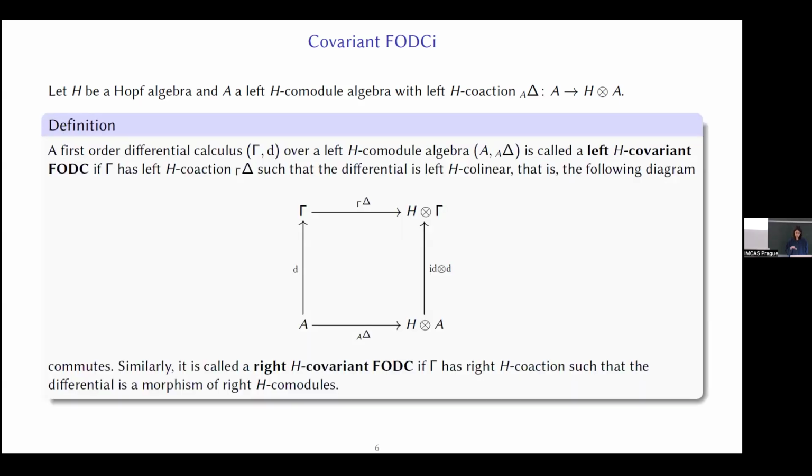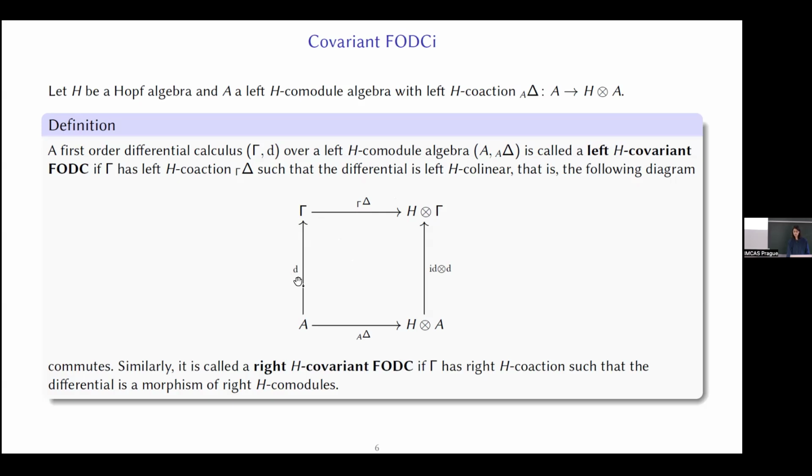And when you consider first-order differential calculi over comodule algebras, you can think of covariant first-order differential calculi, which are defined like so. When Γ, d is a first-order differential calculus over a left H-comodule algebra A, you can say that Γ is a left H-covariant first-order differential calculus if Γ is not only an A-bimodule, but also an H-comodule, meaning there is a well-defined left H-coaction on Γ.